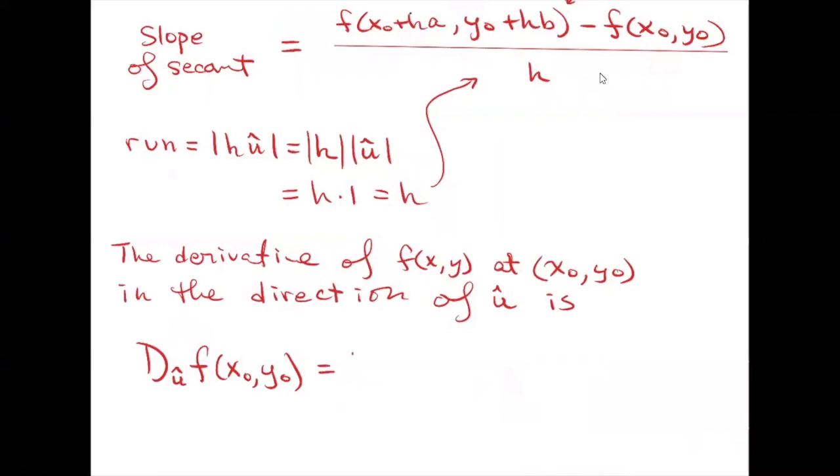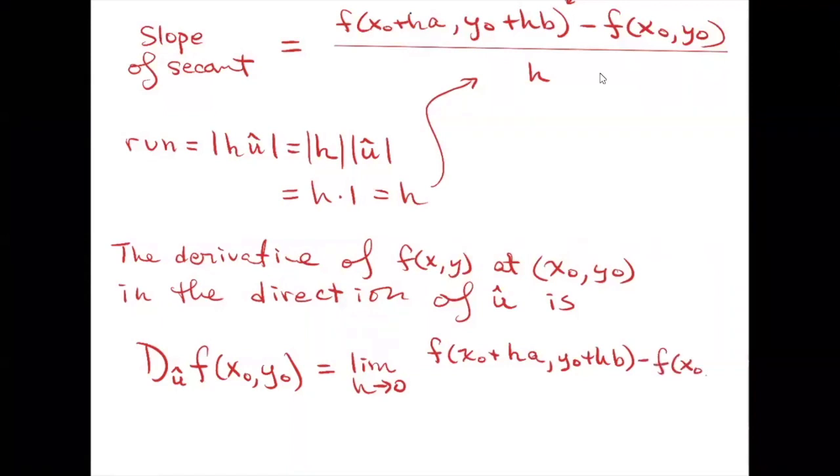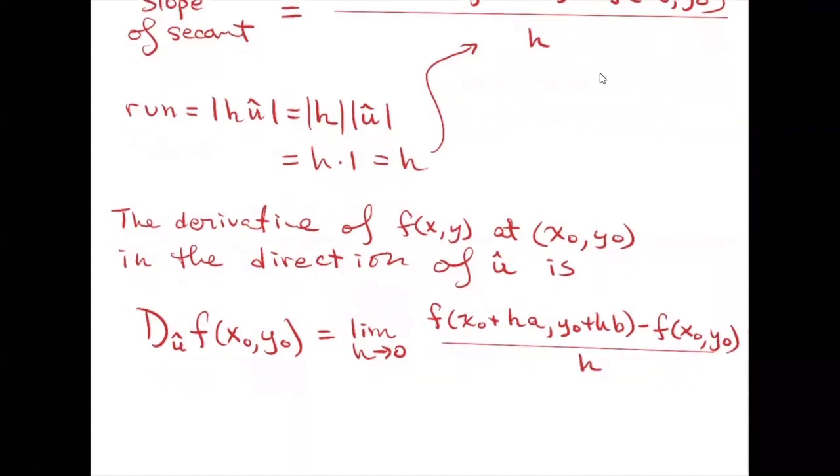So we'll take the limit as h goes to 0 of f of x naught plus ha, y naught plus hb, minus f at x naught, y naught. That's the rise, the change in f, over the run, which is just the displacement in the x vector.